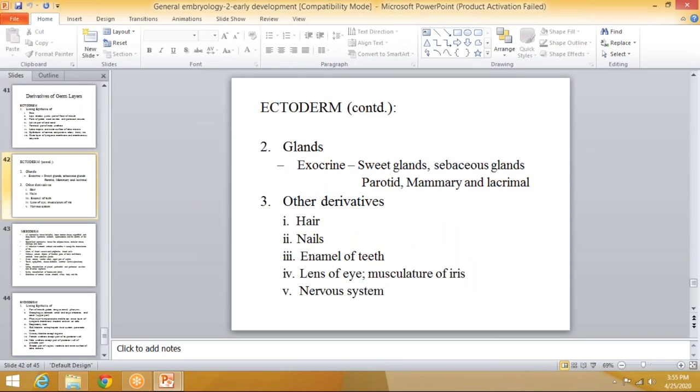It will form the glands, that is exocrine sweat glands, sebaceous glands, parotid, mammary, lacrimal gland. From the ectodermal thickenings, it will give origin to the hair, nails, enamel of teeth, lens of eye, musculature of iris, and the nervous system, which is ectodermal in its origin.